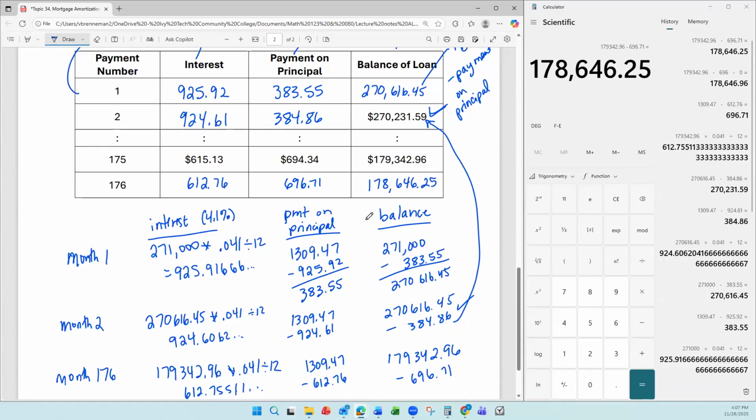So that's the mortgage amortization calculations that you'll need to be able to do.